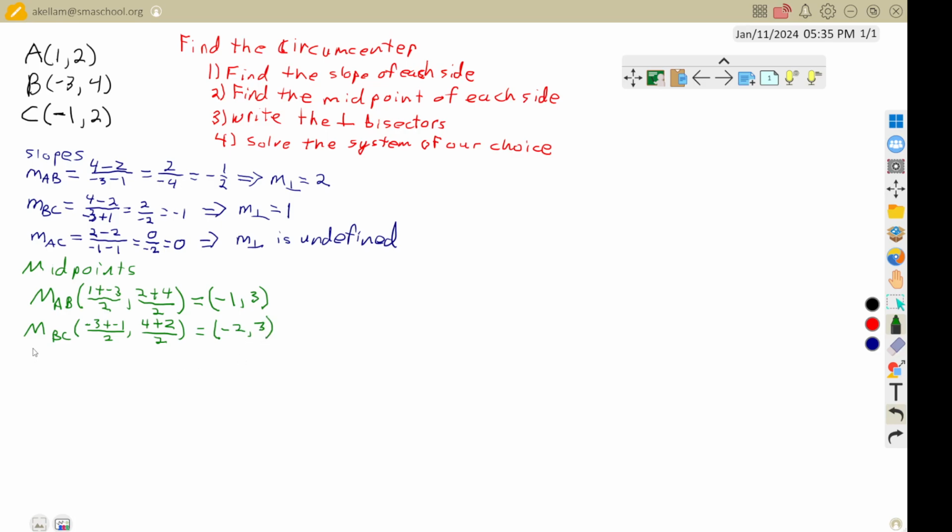And then the midpoint of AC is going to be negative 1 plus 1 over 2, comma 2 plus 2 over 2, and that's going to equal 0, comma 2.